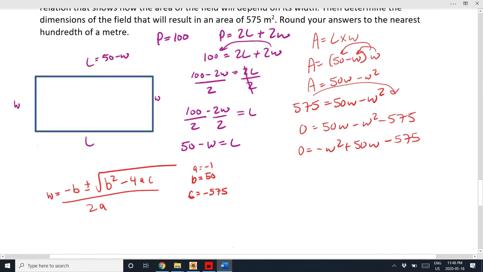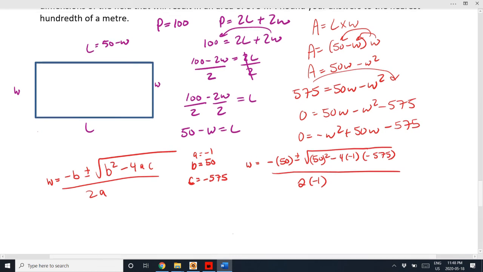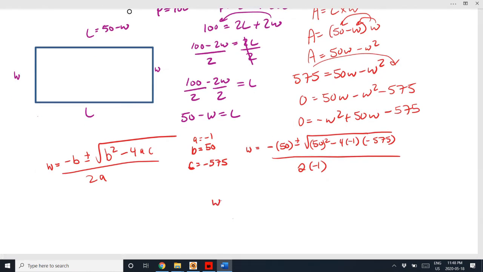Okay, so now we can start filling in our quadratic. So W is equal to negative B, which is negative 50, plus or minus the square root of B squared. So 50 squared minus 4 times a, which is negative 1, times c, which is negative 575, all over 2 times a, which is 2 times negative 1. Okay, so let's simplify what we have here.